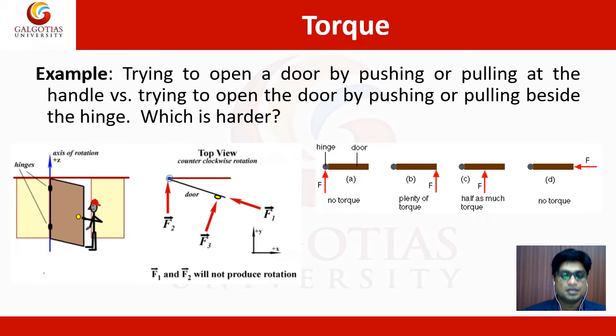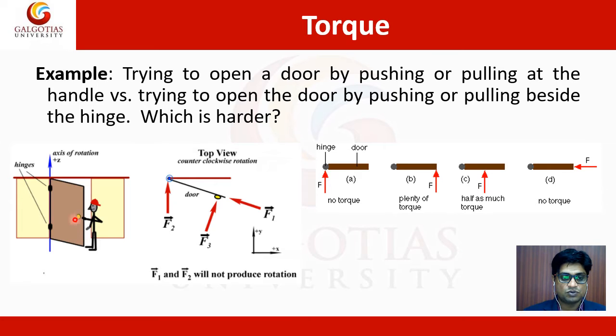Let's see an example of torque. Suppose we are trying to open a door by pushing or pulling at the handle, versus trying to open the door by pushing or pulling beside the hinge. Which is harder? Let's see from this example in our daily life.